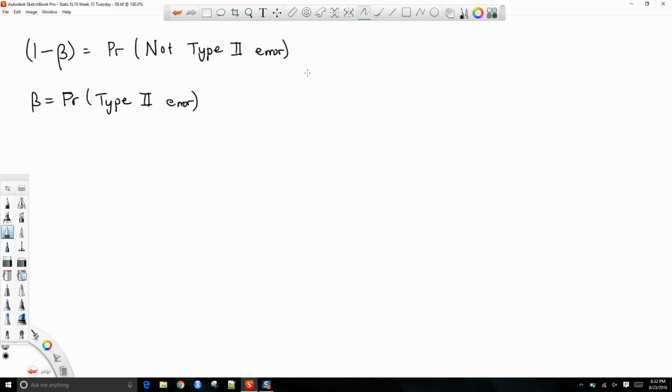So not letting a guilty person go free, which means sending a guilty person to jail, okay? So the probability of not committing a type 2 error is the probability of correctly rejecting the null when the null is false.